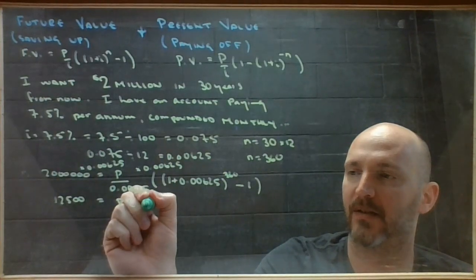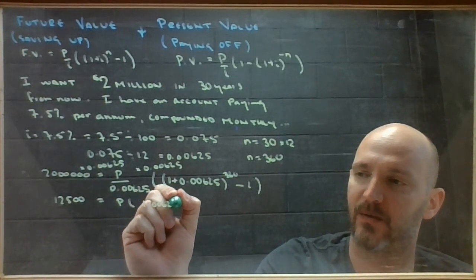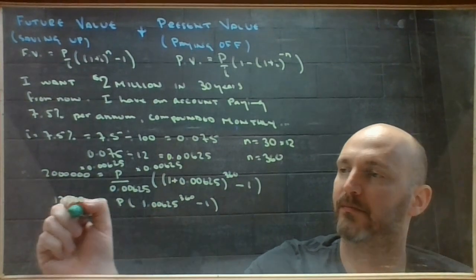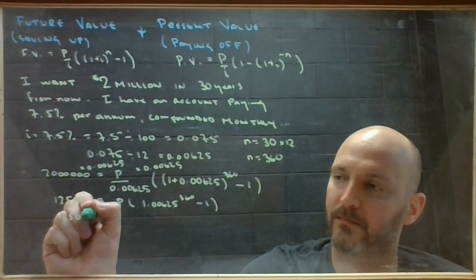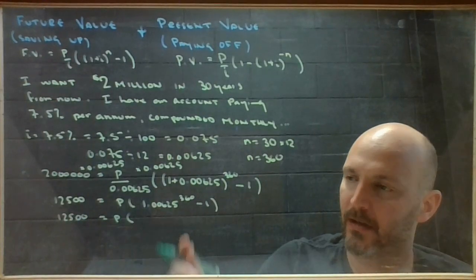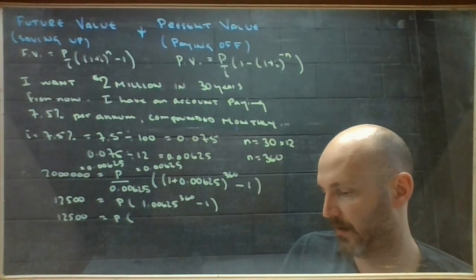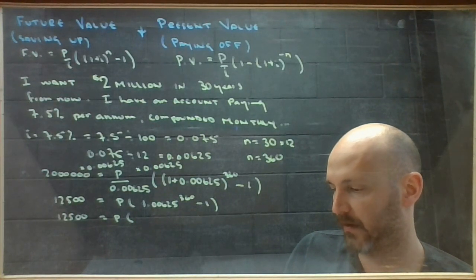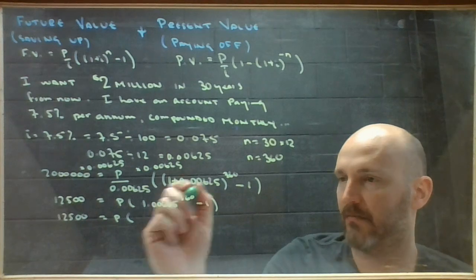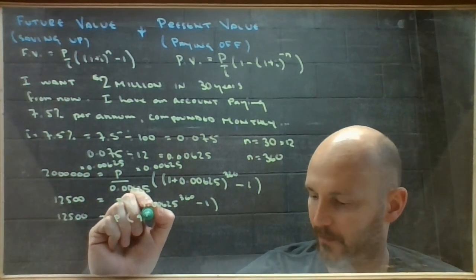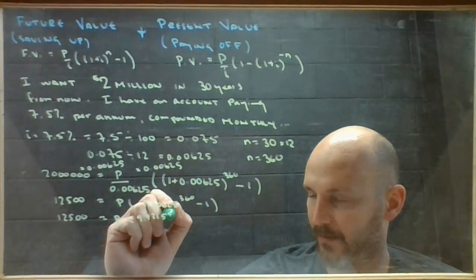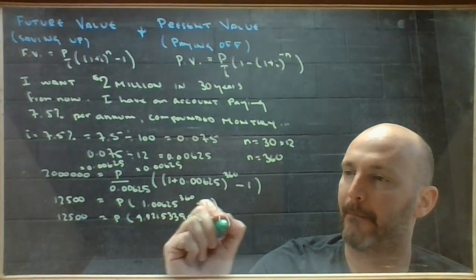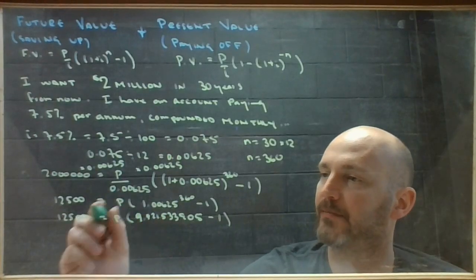This here is 1.00625 to the exponent 360, which gives me 9.42153395. Subtract 1, 9 there, not a 4.